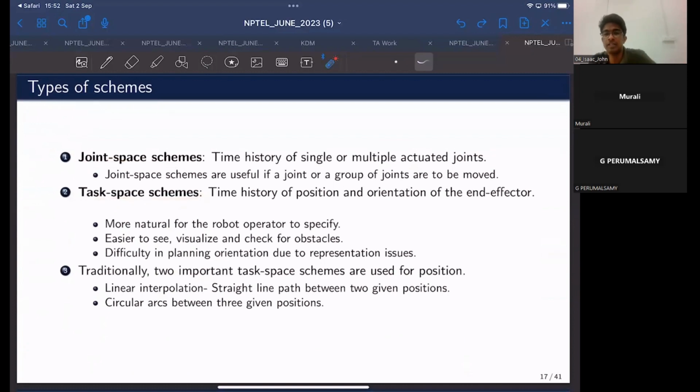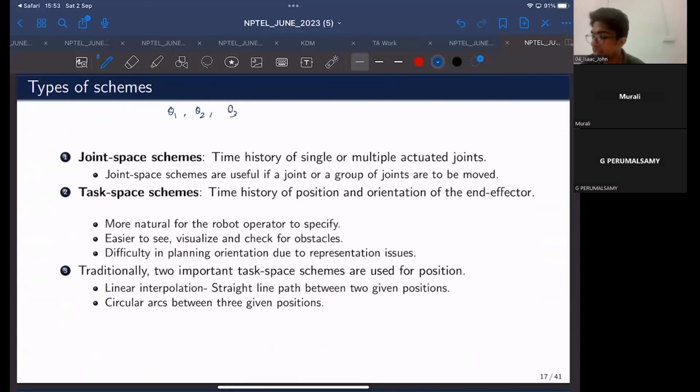Each of these schemes has its own advantages, right? So what does each of them say? In the case of a joint space scheme, it says the time history of single or multiple actuated joints. So if you have a robot having multiple joints, theta 1, theta 2, theta 3.